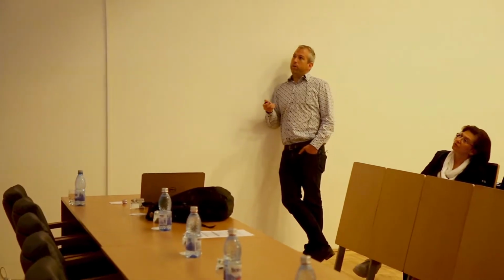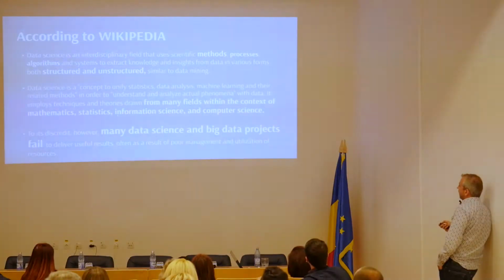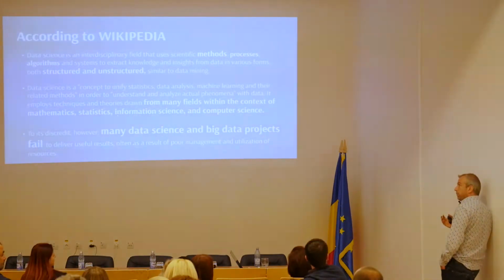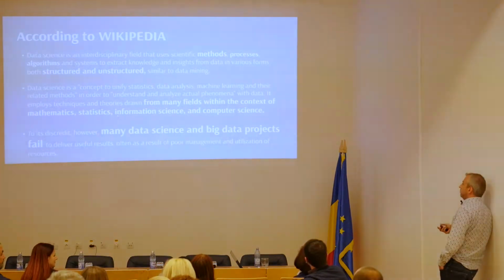So what's the difference between data science and statistics? Probably, if you look at Wikipedia, they will say it's an interdisciplinary field that uses methods, processes, and algorithms to get insights from structured and unstructured data. Structured, they mean that it's organized in tables.